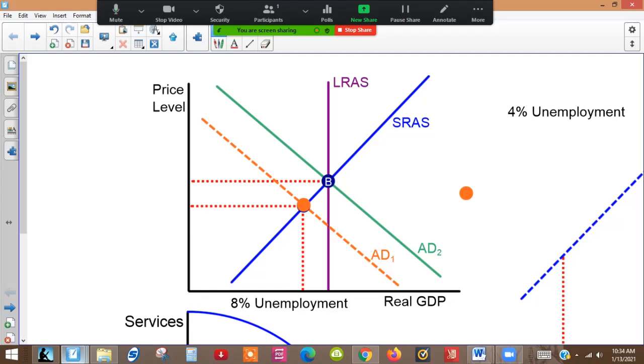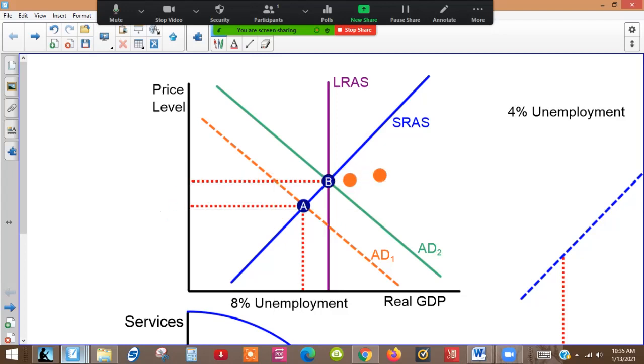So when we move our aggregate demand from point A to point B, what happens to the price level? It's going to go up. So for all the workers that had jobs before, they're going to see a decrease in their buying power, because overall price levels in the economy have gone up, from here to here.